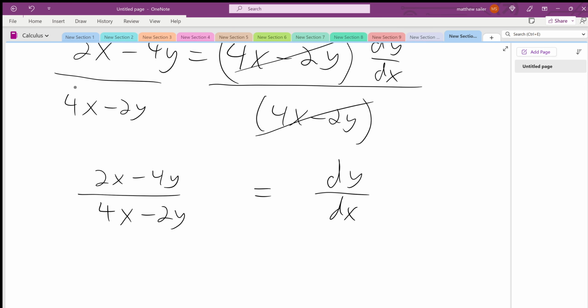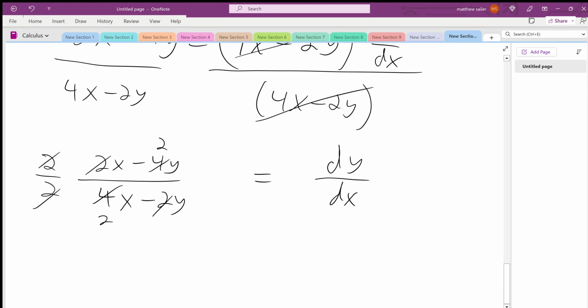Each of these terms has a 2, so I can cancel the 2's here. And we are left with x minus 2y all over 2x minus y.